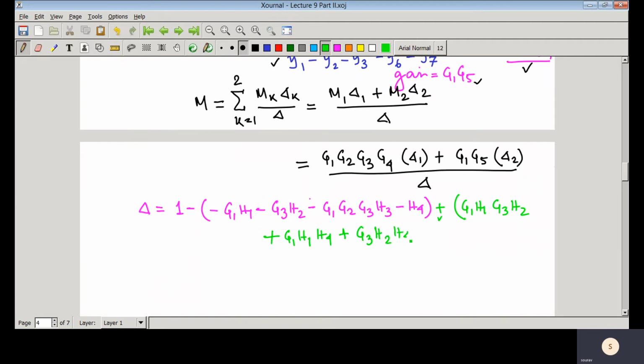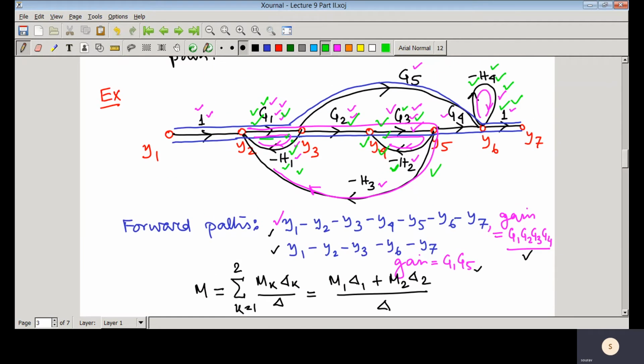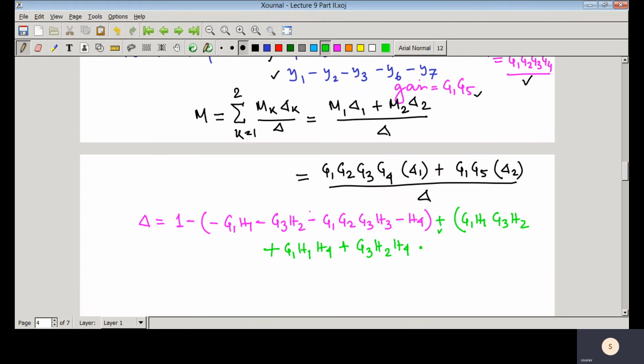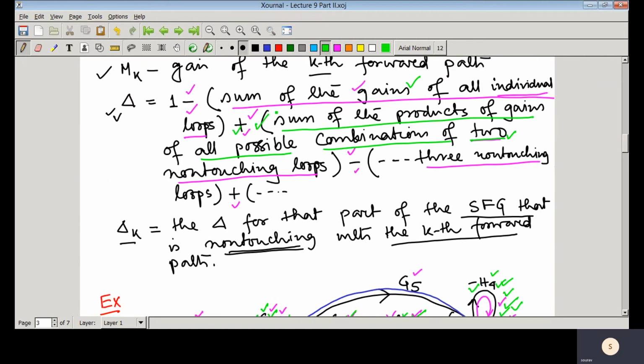Now there is another combination, this bigger loop and this loop. Here you can see G1 G2 G3 minus H3 and minus H4, so that is G1 G2 G3 H3 and H4. No more combination is available here, so this part is done.